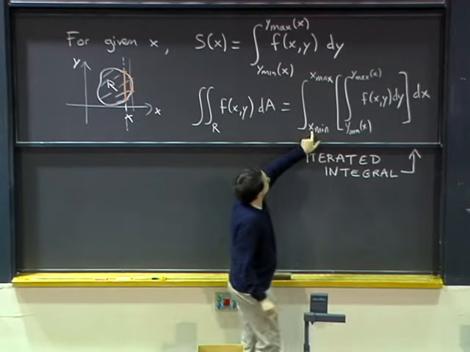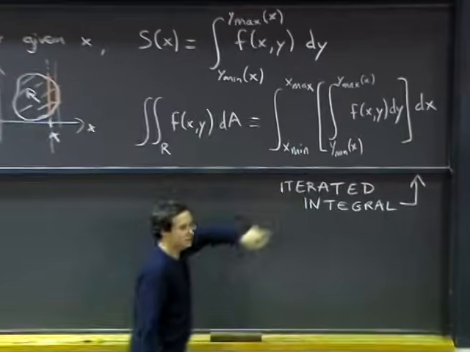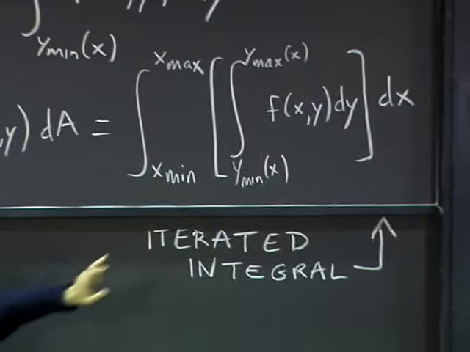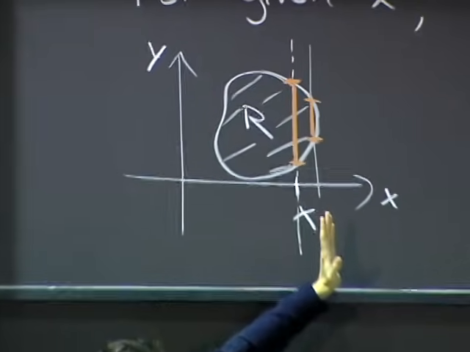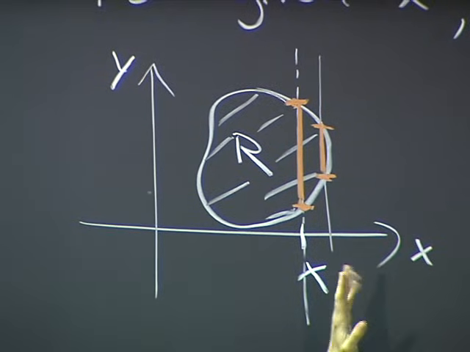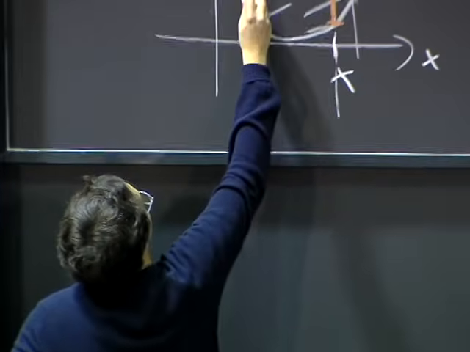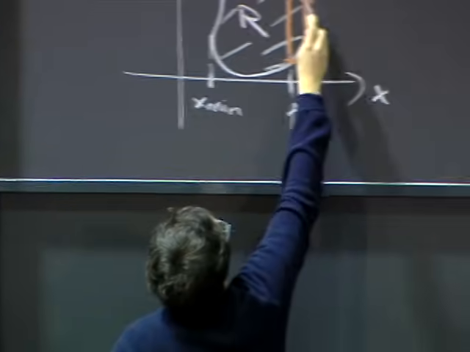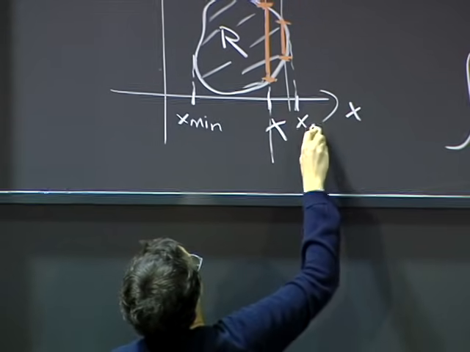The bounds on the outer integral are just going to be numbers. The question that I'm asking myself here is what is the first value of x by which I might want to slice, and what is the last value of x? Which range of x do I want to look at to take my red slices? I would go all the way from here, that's my first slice, to somewhere here, that's my last slice.